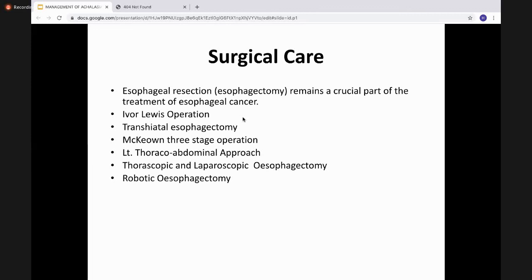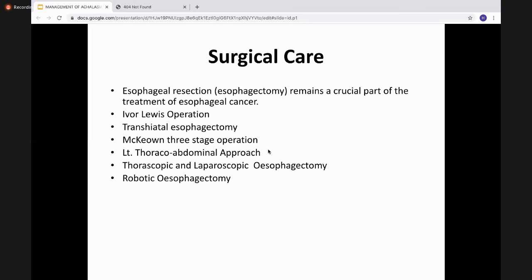In the McKeown 3-stage operation, 3-stage means one is the laparotomy, second is the thoracotomy, and the third is the left neck incision. So all 3 parts are operated.